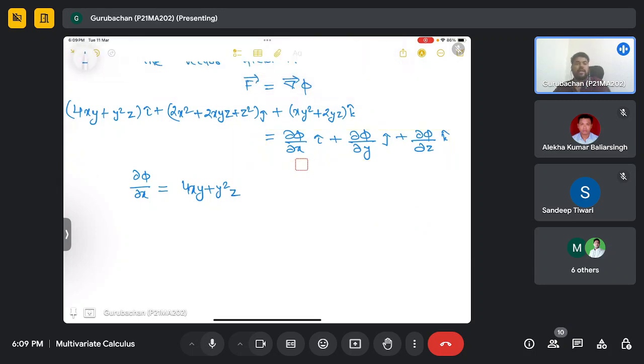Since we have partially differentiated phi and we are getting the value 4xy plus y square z, we have to integrate both the sides with respect to x.